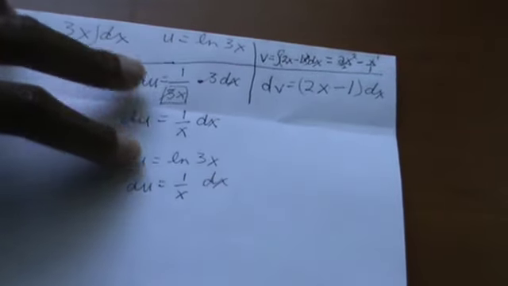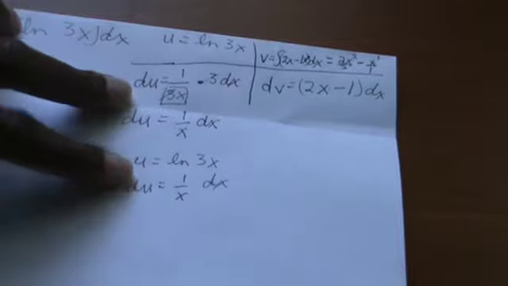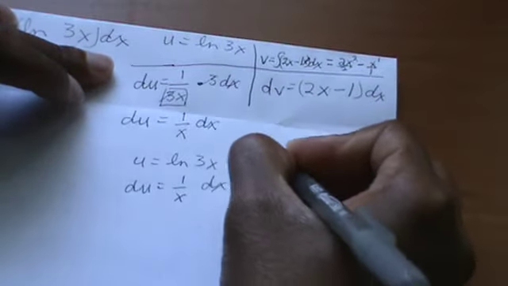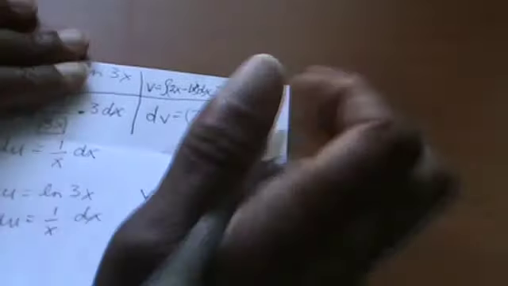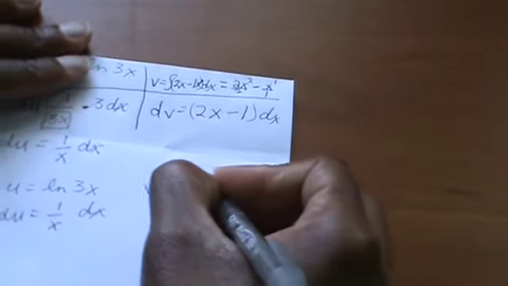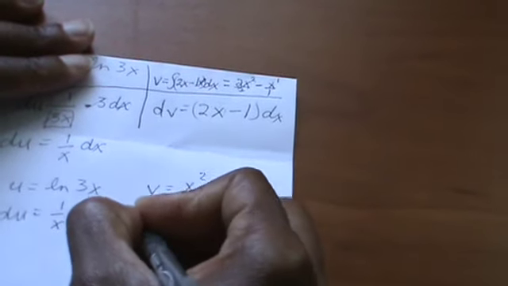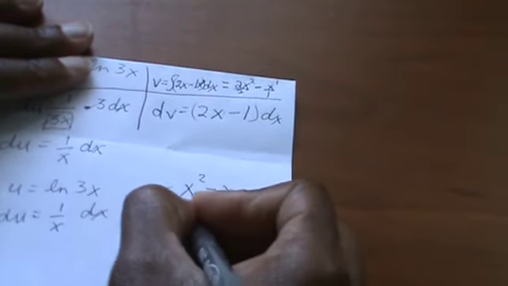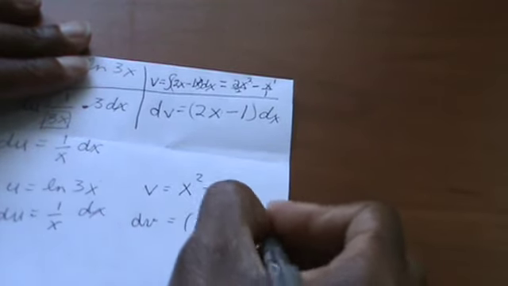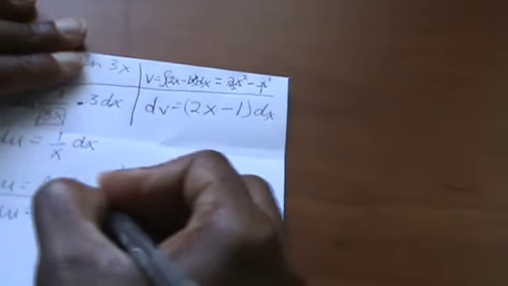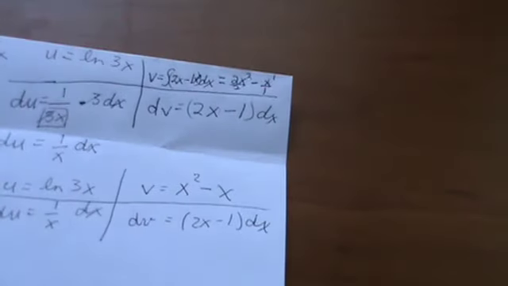V equals, I'm going to simplify that. If you'll notice, 2x squared over 2 is just x squared. So x squared minus x, and then your dv equals 2x minus 1 dx. All right, so now let's get to it.